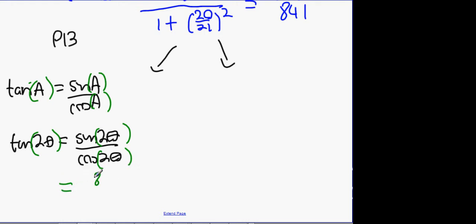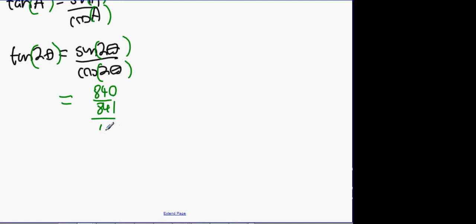So it's going to be 840 over 841 divided by, what was the other one? 41 over 841. What's the answer there? I'm guessing it should be 840 over 41. 840 over 41. Perfect. Okay.